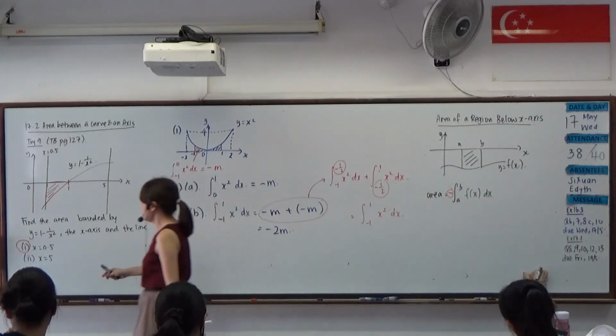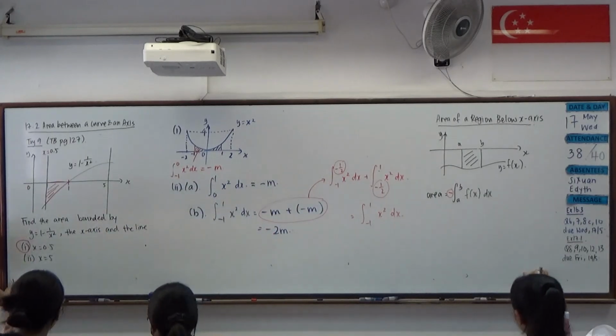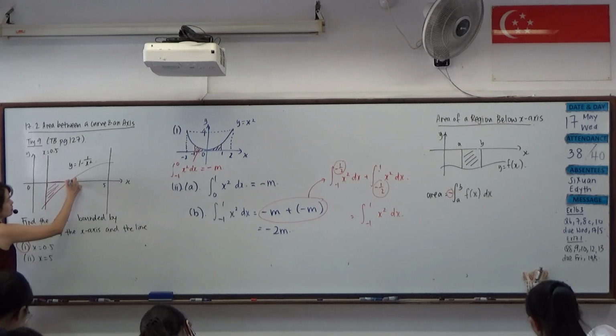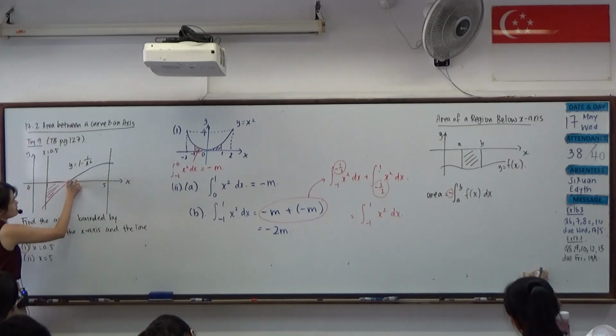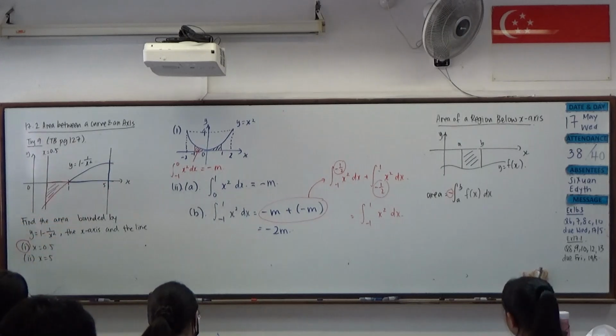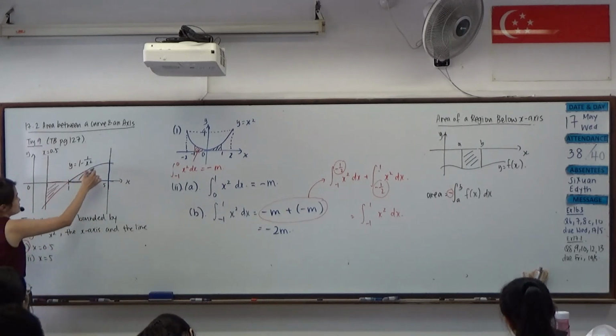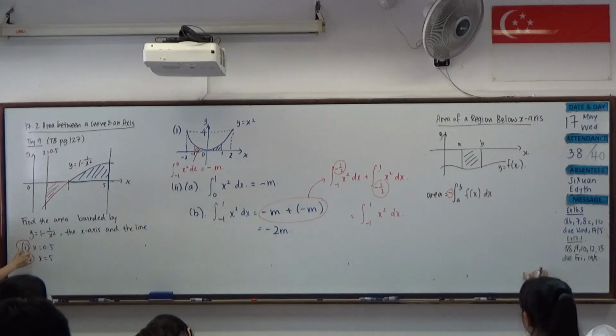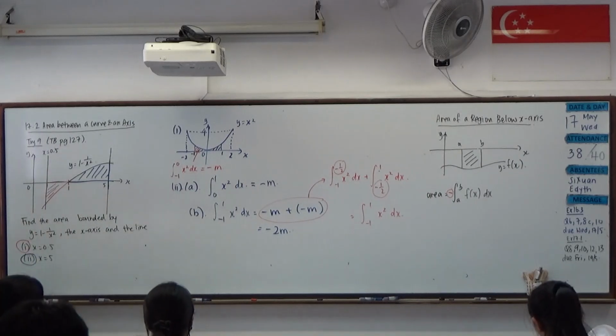On the other hand, if you're looking at the area bounded by the curve, the x-axis, as well as the line x equals to 5, we are looking at this area. Okay.